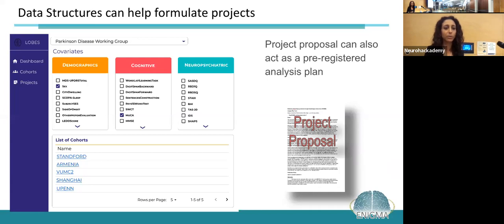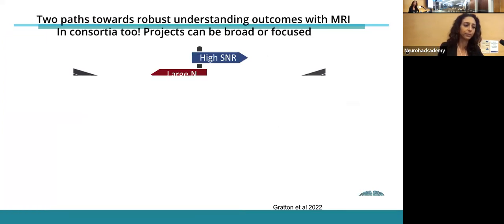And these project proposals, in a sense, also act as a sort of pre-registered analytic plan, because the person who's proposing writes up what they're interested in, the background, the methods that they'll use, and then they distribute it to the working group members, who later decide whether they can and will join or not.